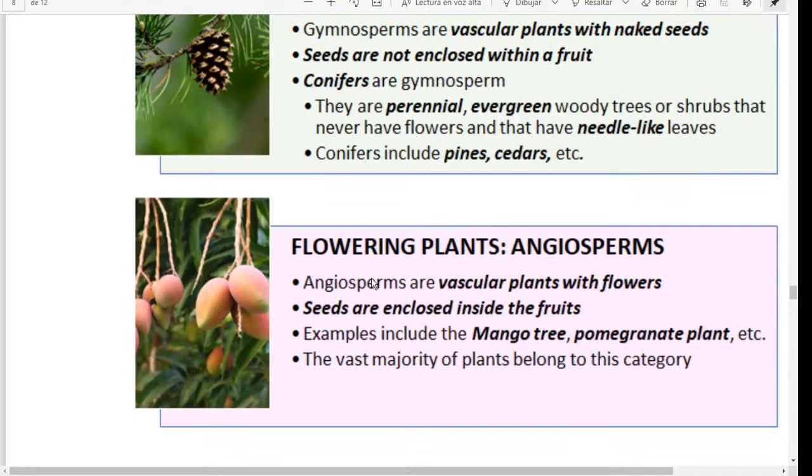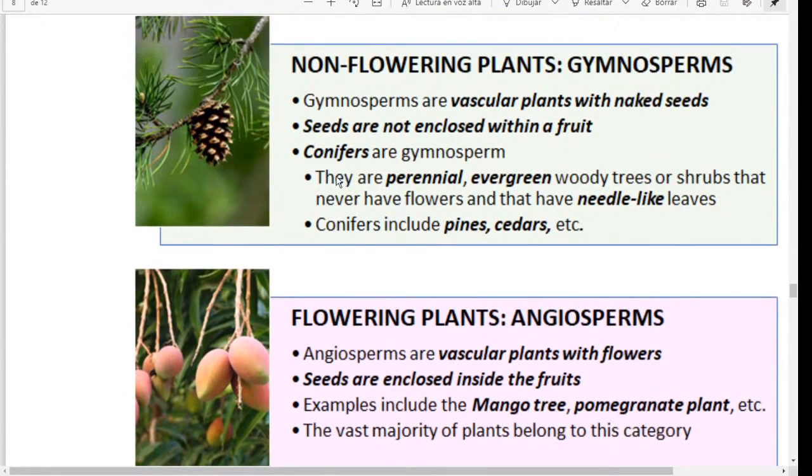The other group is composed of flowering plants, and this group receives the name of angiosperms. Angiosperms are vascular plants, same as gymnosperms, but with flowers. And seeds, in this case, are enclosed inside the fruits.